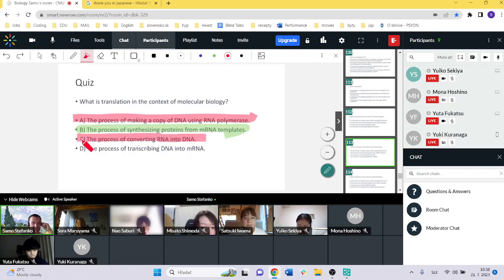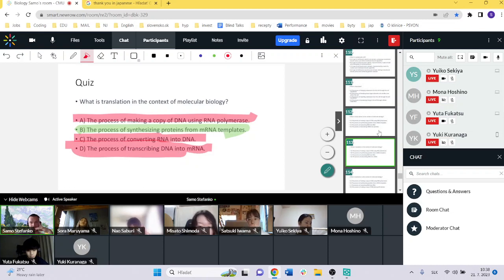We just discussed that, but it's not relevant for you, it's additional information. Great. And the process of transcribing DNA into mRNA? Anyone? Transcription. Again, perfect. Great.